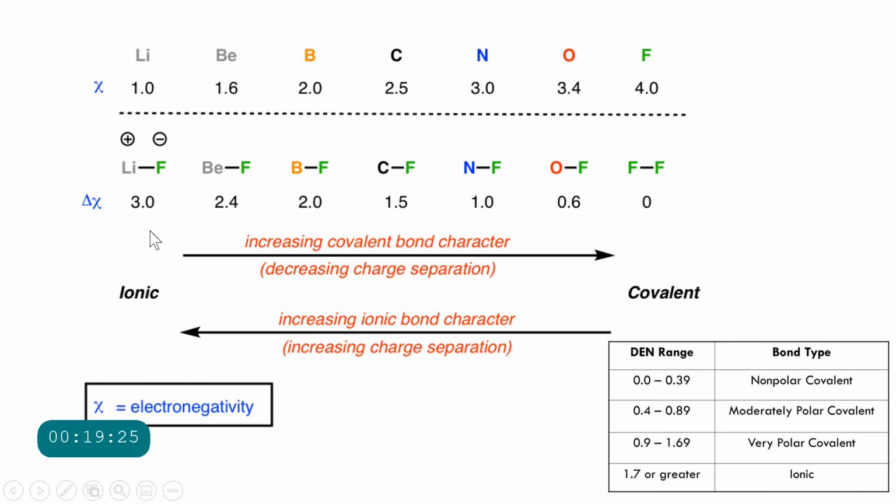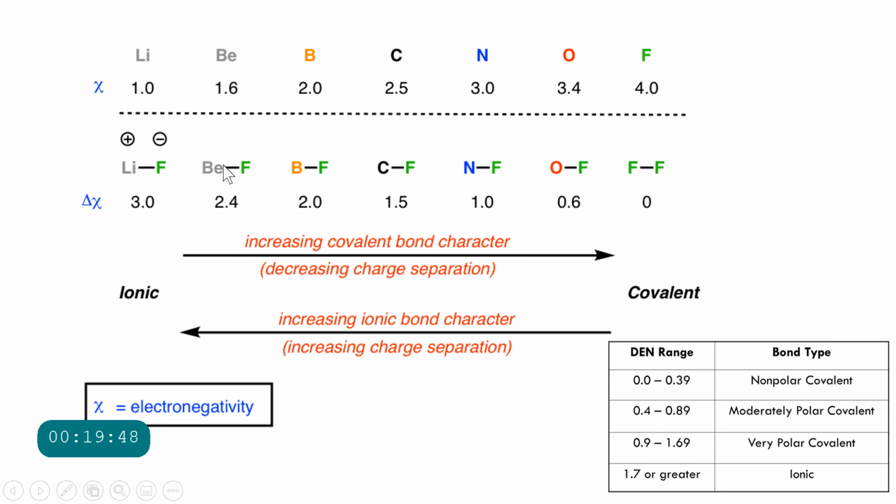And this helps you to determine whether you're dealing with a non-polar covalent, a very polar covalent, or an ionic compound. Now, ionic bonds specifically need to have a charge on them. We'll get more into that as we go.